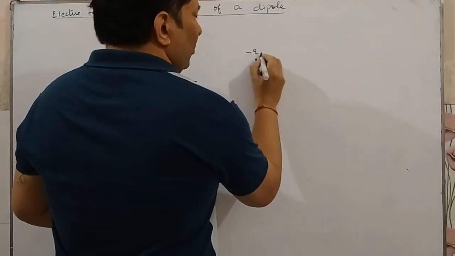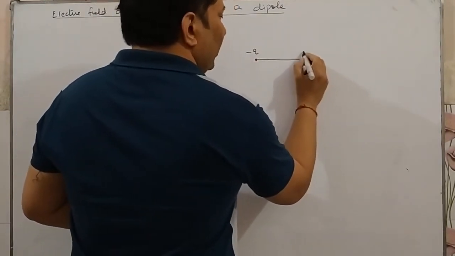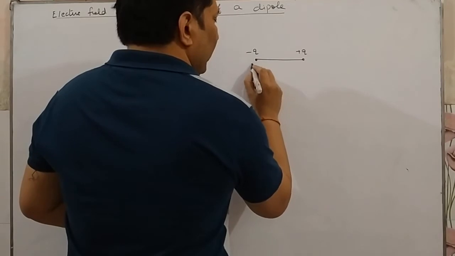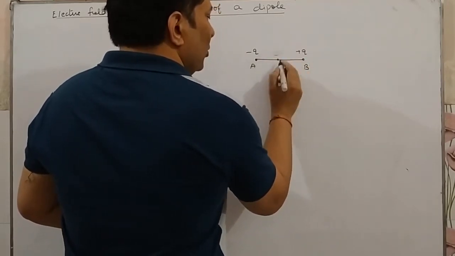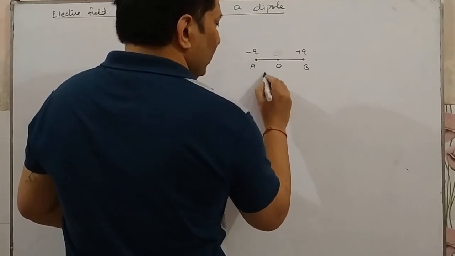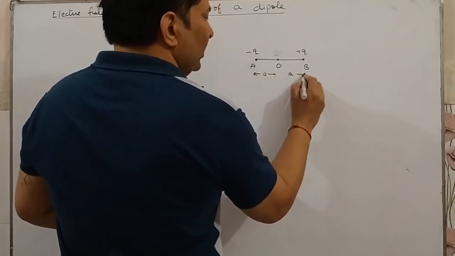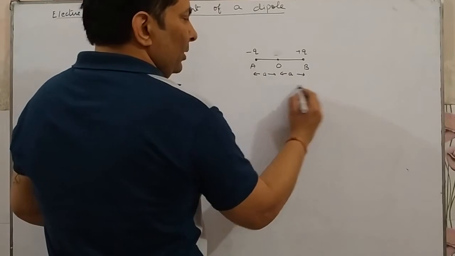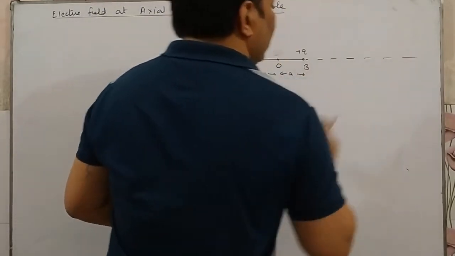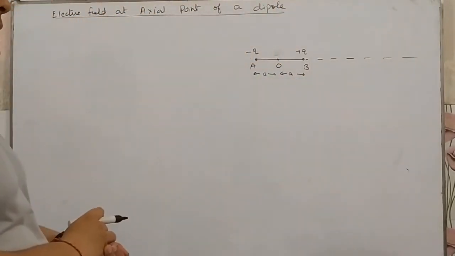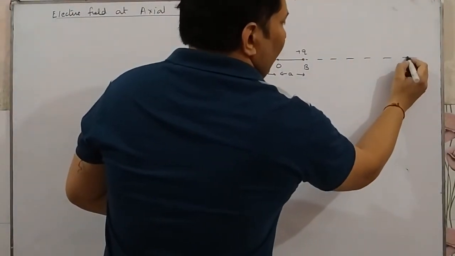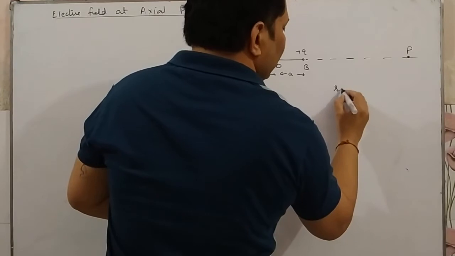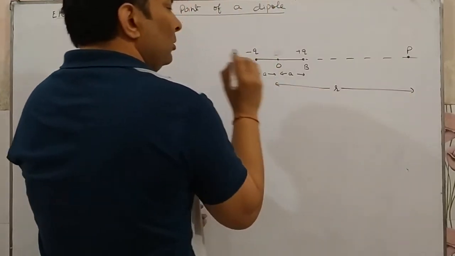This is a dipole denoted by AB, with center O. We are supposed to find the electric field intensity at any point on the axial line. On this axial line, we take a point P, at distance r from the center O.